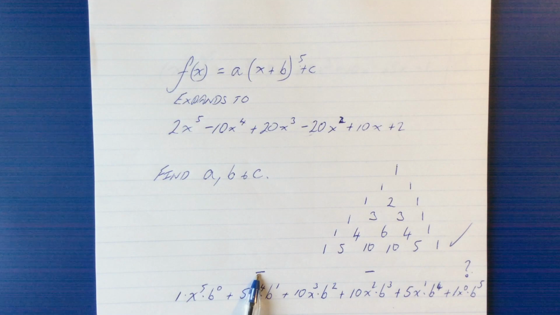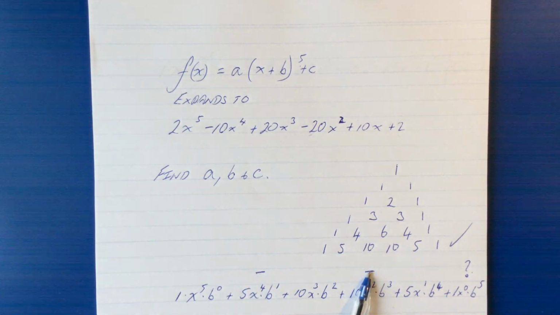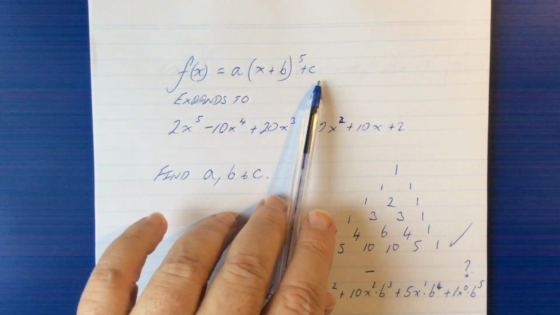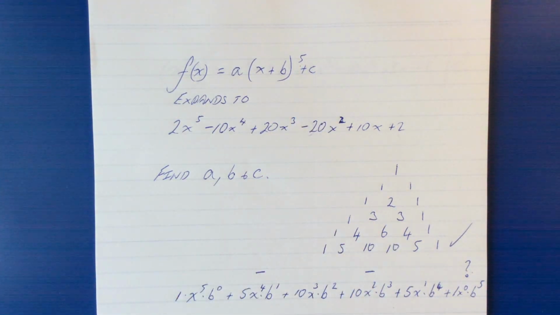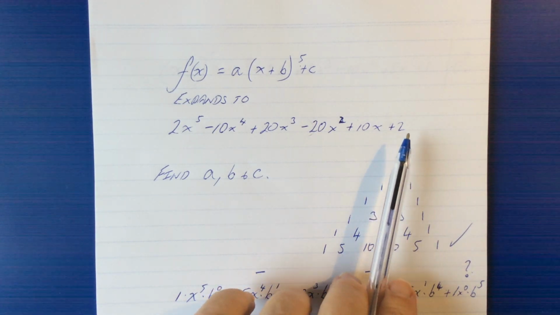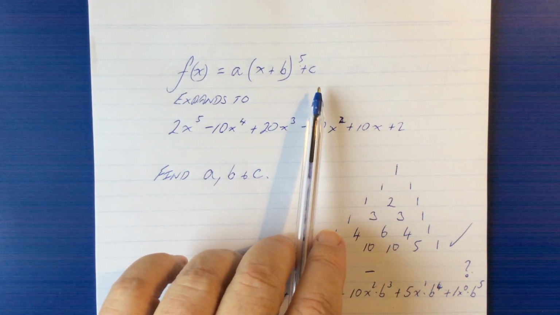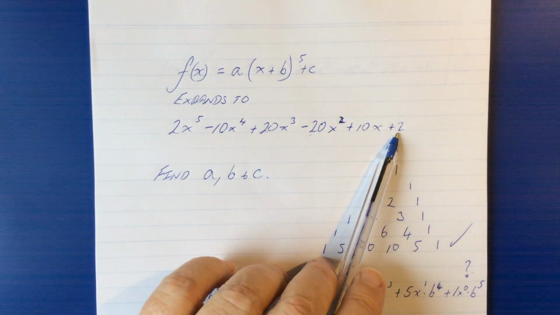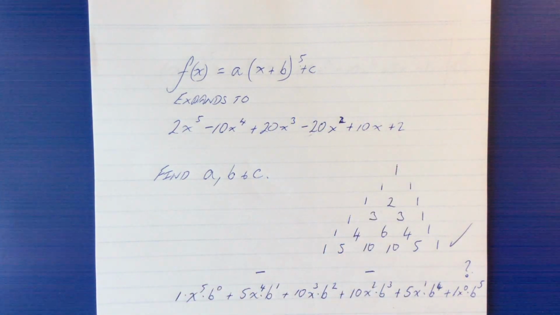Now I've marked the negatives here and here, and I've put a question mark at the last one because I don't know what c is, and it's entirely possible that when I make my choice that I'll get a negative over here, a negative in here, and from that I can deduce what c would be. It'll be the difference between the negative and this.